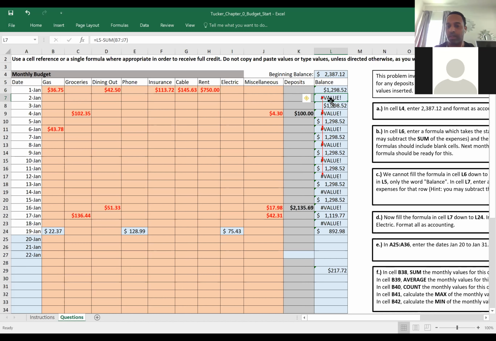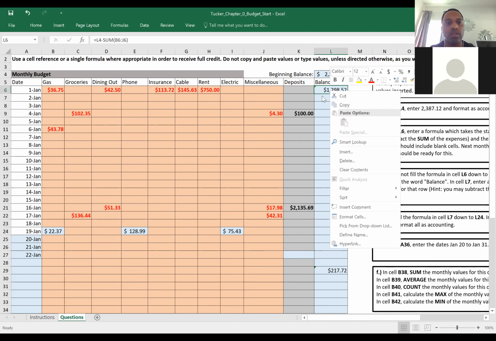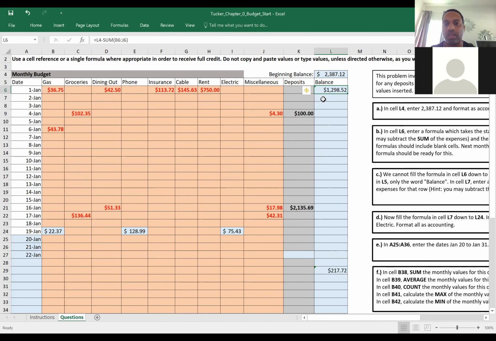So let me delete this. I was paying attention to the directions the first time. So we created this, put it here, paste the formula. And this is supposed to be L6.